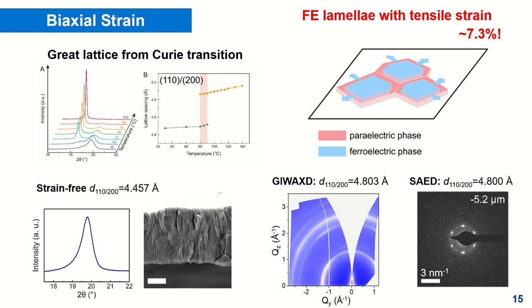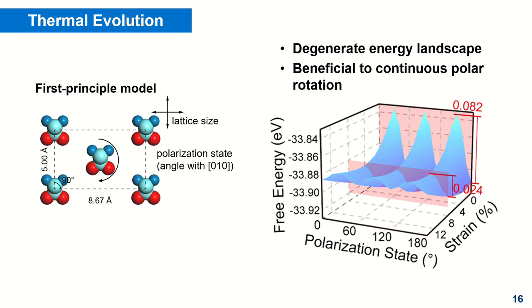So instead, there should be a biaxial tensile strain at room temperature. This is further confirmed by our measurement in strain-free samples and the films, and we can calculate the tensile strain to be around 7%.